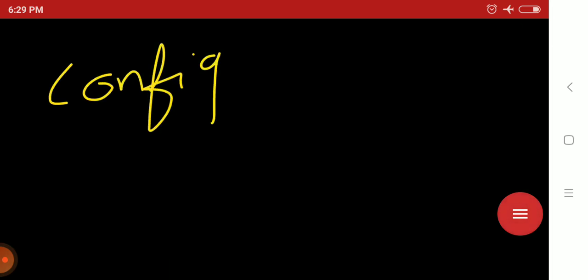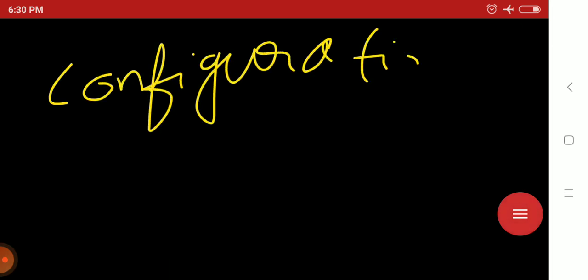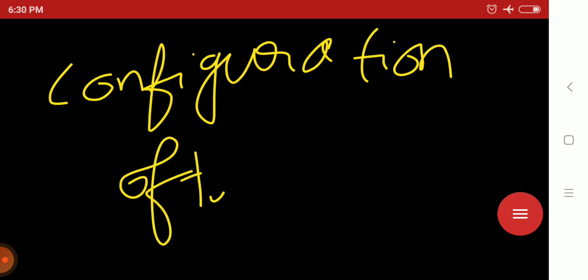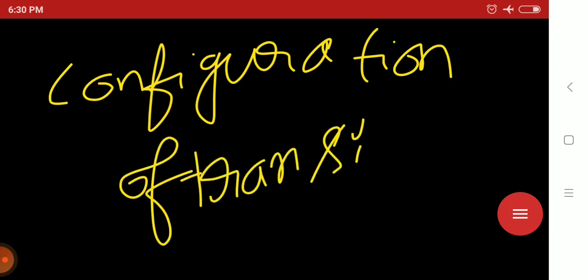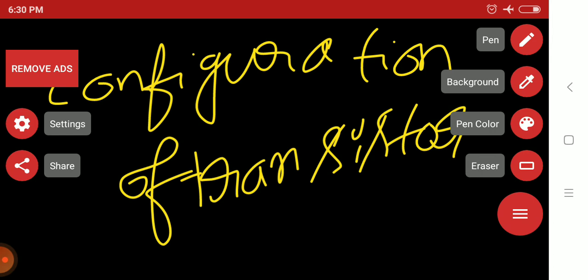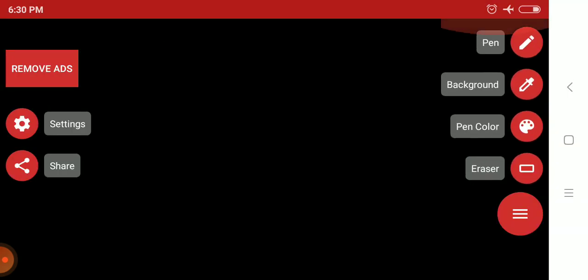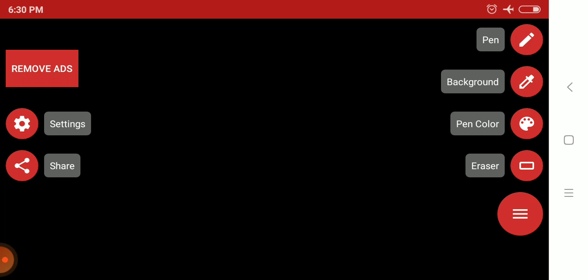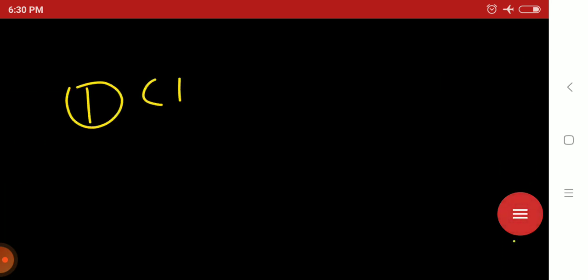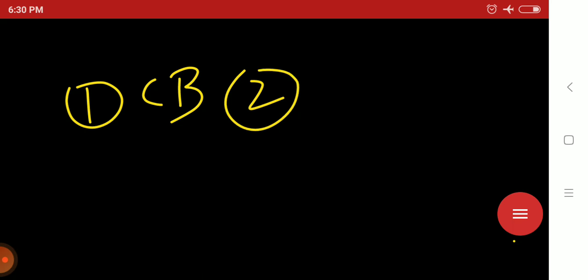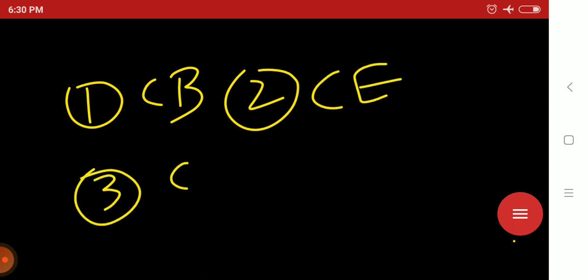Configuration of the transistor. So what is the configuration of a transistor? There are various types of configuration: one is common base, another is common emitter, another is common collector.